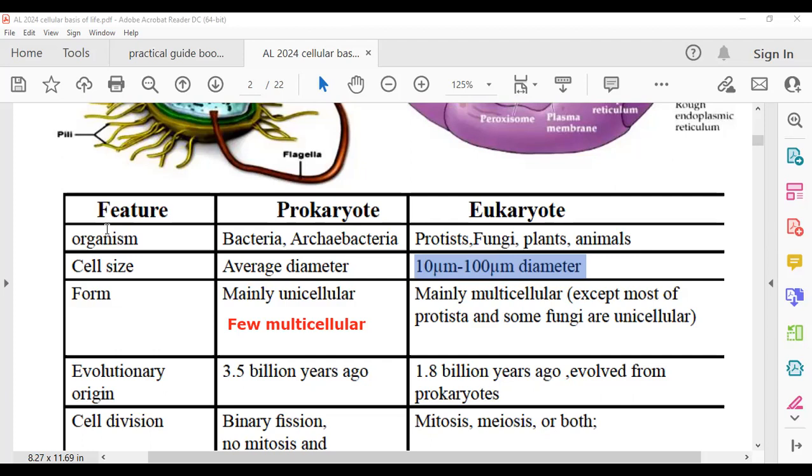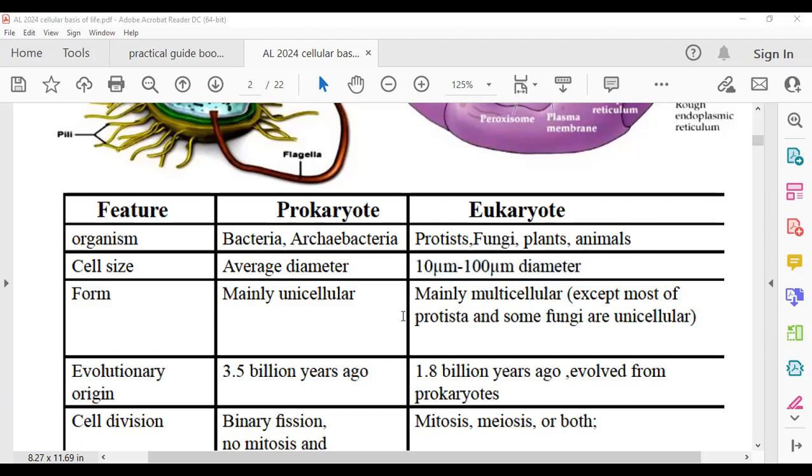Prokaryotes. Only prokaryotes were living on this earth for how many billion years? 1.7 billion years. Clear? Clear, sir.